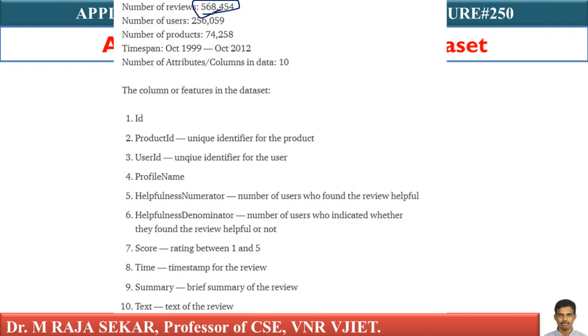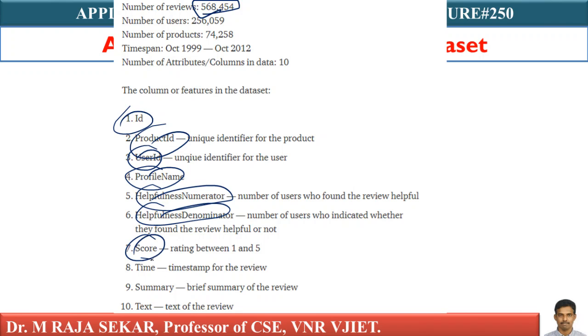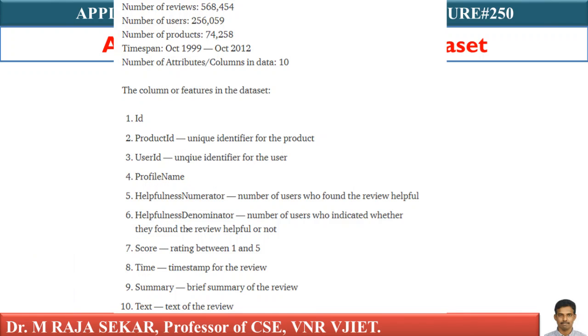There are fields, columns: ID, product ID, user ID, profile name, helpfulness numerator, helpfulness denominator, score, time, summary, text, isn't it? These are different column names, different features. We have 568,454 reviews.